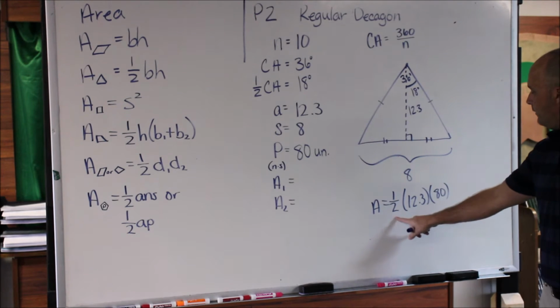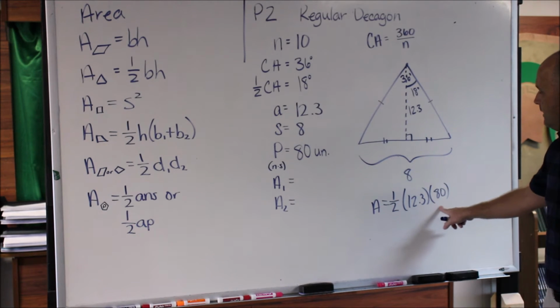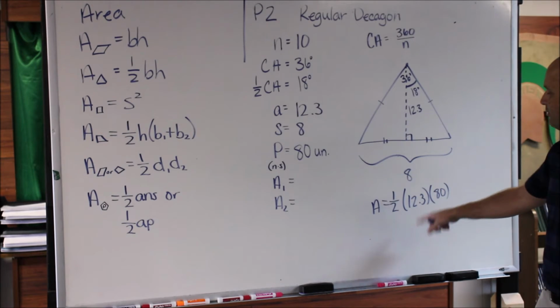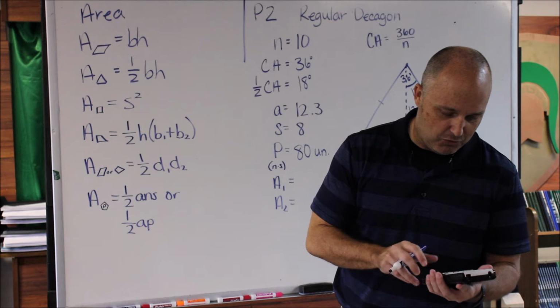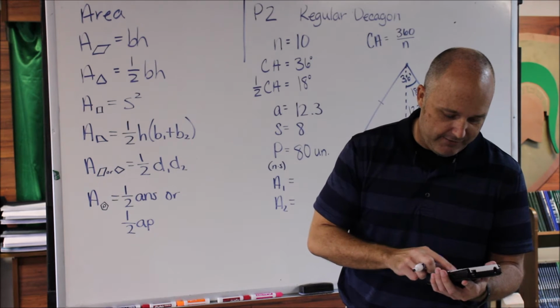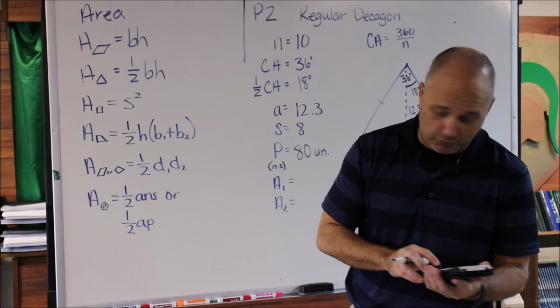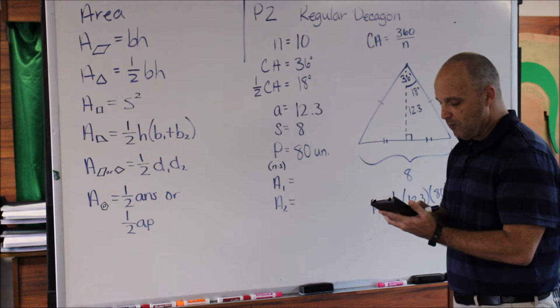So what we end up with is half of 80 is 40, and so we get 12.3 times 40, and I'm going to go ahead and put that in because I don't want to mess it up. I have an idea of what it is. I think it's going to be 492, but I want to make sure.